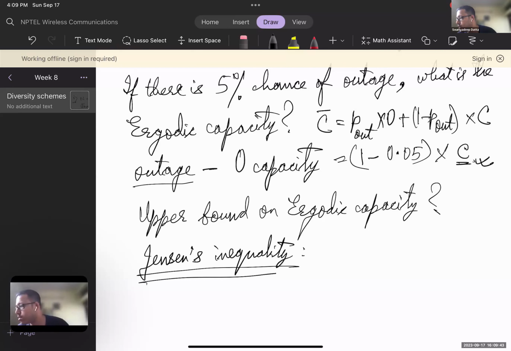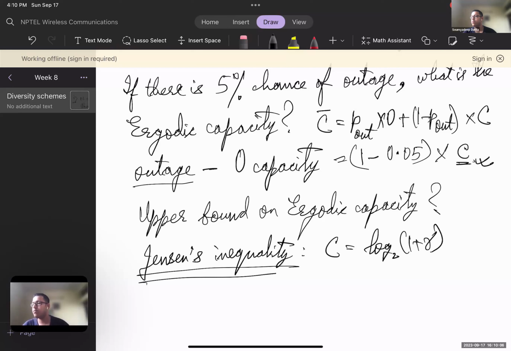There are two kinds of inequalities, for convex and concave functions, but let us stick to this case. I have this function, log of 1 plus SNR, or 1 plus gamma. Can somebody tell me what kind of function log is?